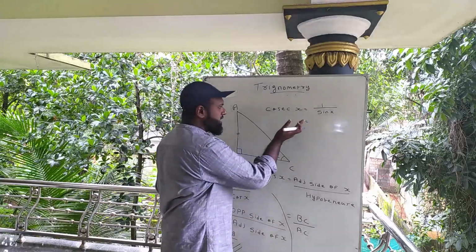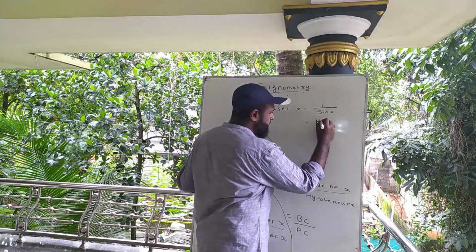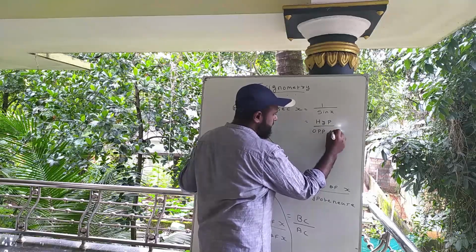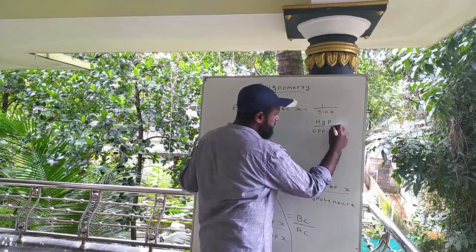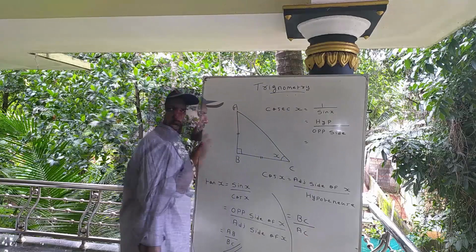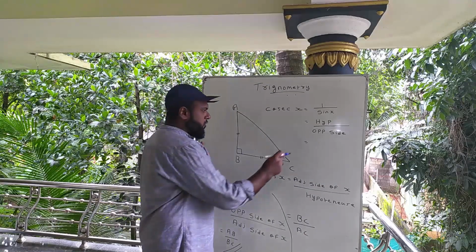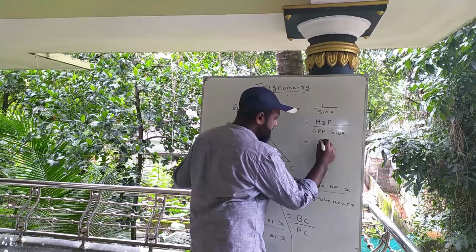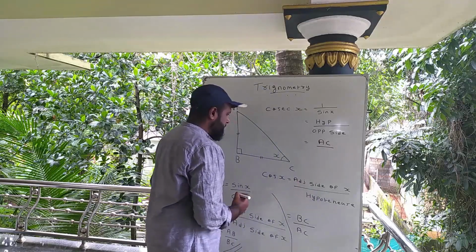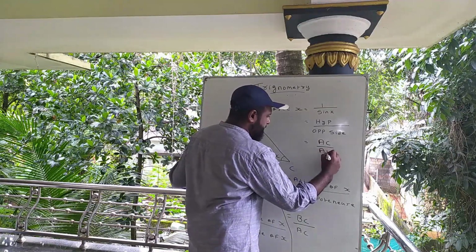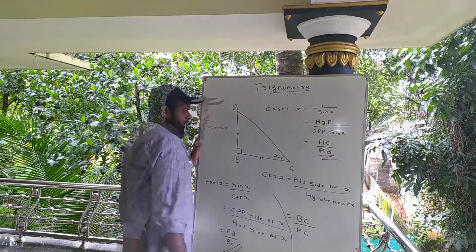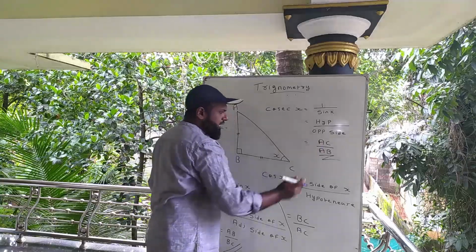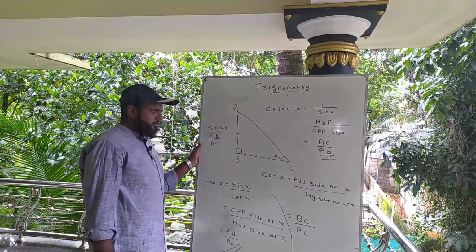So, we can write cosec X as hypotenuse by opposite side, equal to AC by AB. We got sin X as AB by AC, so cosec X is AC by AB.